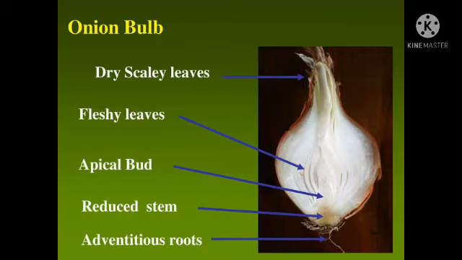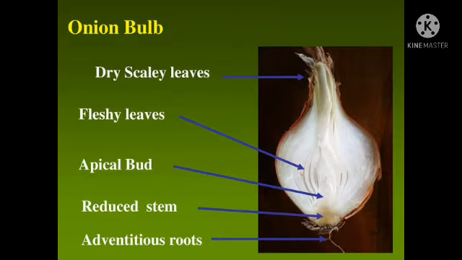Now we have the adventitious root, so you can also call it the root. The root, mainly in a plant or an onion bulb, helps the plant to stand strongly or firmly to the ground.